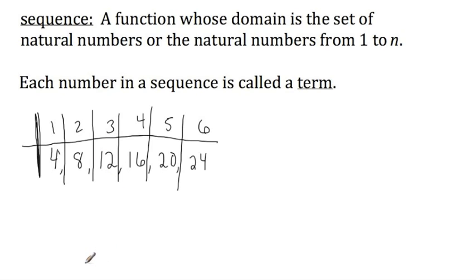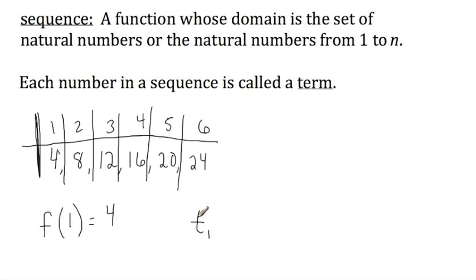Instead of writing sequences in function notation like this, we could say that f of 1 is 4, because when you plug in 1, the function gives you 4. We usually will use a different kind of notation. We'll pick a lowercase letter. Oftentimes, you'll see a or t for the name of the function. And then instead of putting the input in parentheses, we'll put it as a little subscript down below.